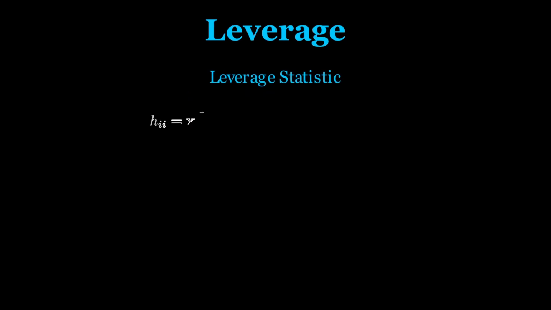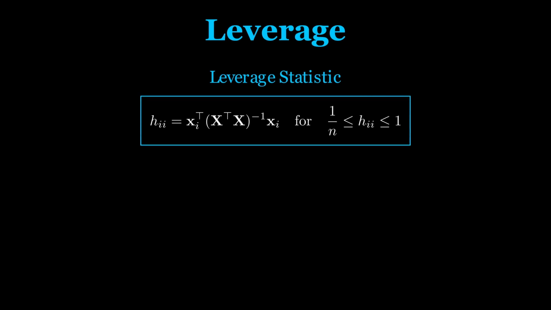The ith diagonal element of H measures how much observation i influences its own fitted value. This is represented by the leverage statistic h sub ii. A point with extreme or rare predictor values sits far from the rest of the data, so the regression line has to bend toward it more, giving it high leverage.